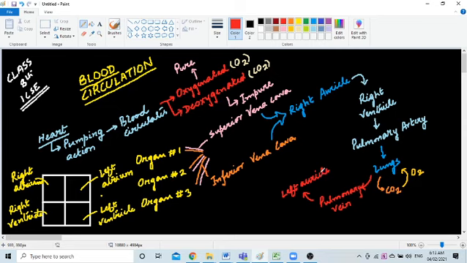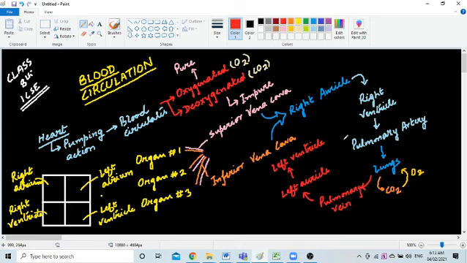Then from here it enters the left ventricle. Again remember, right ventricle carries impure blood and left ventricle carries pure blood.